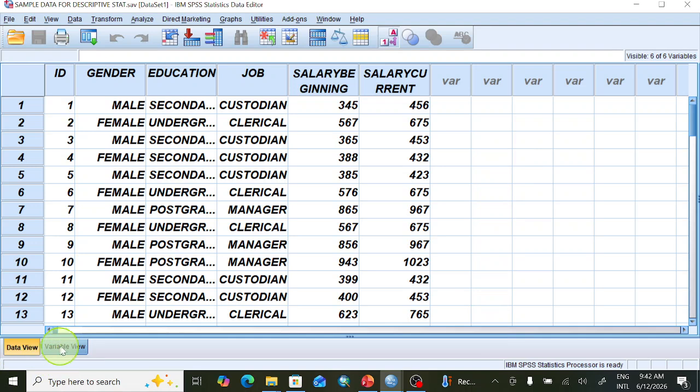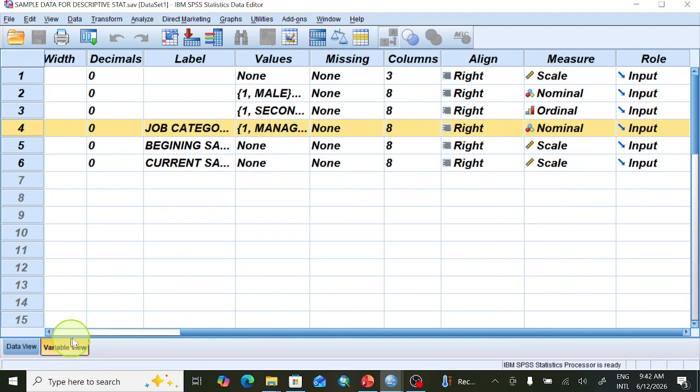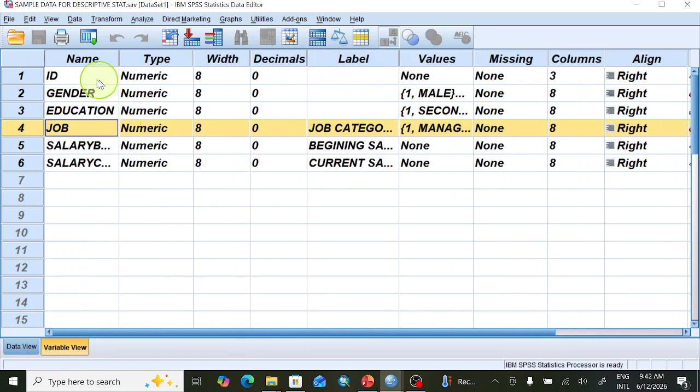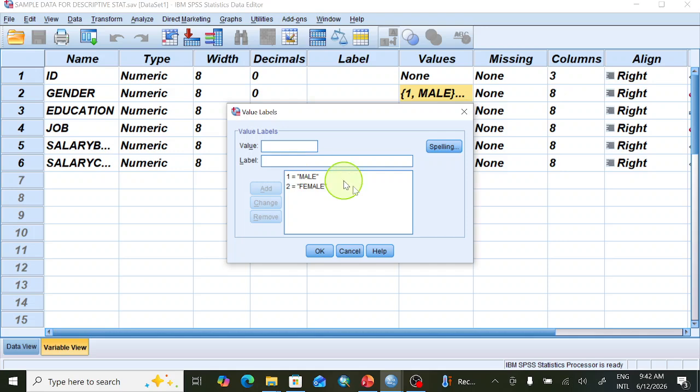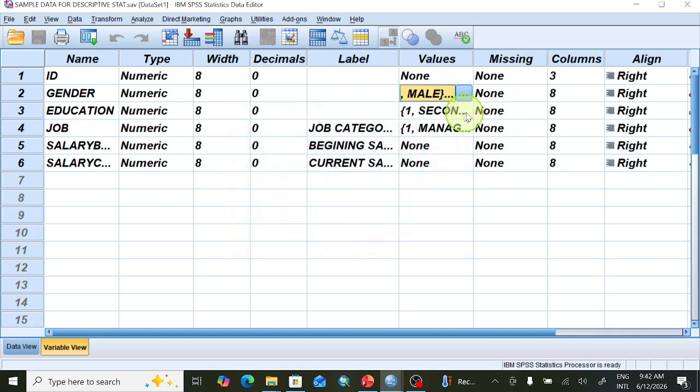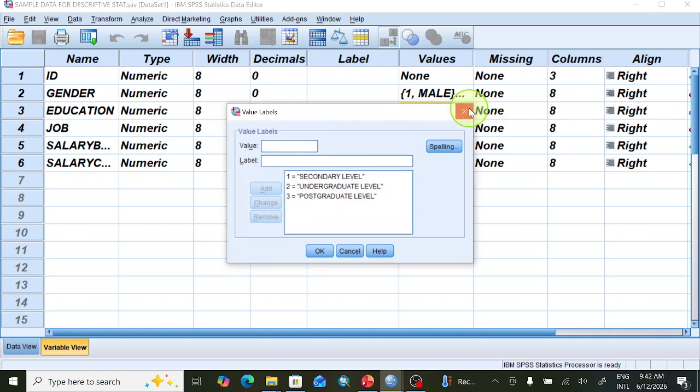When you look at the data here, first of all, in the variable view, we have gender, and the gender is coded as one male and two female. And gender here is what? It is nominal. Then you have education, coded here: one secondary level, two undergraduate, and three postgraduate.